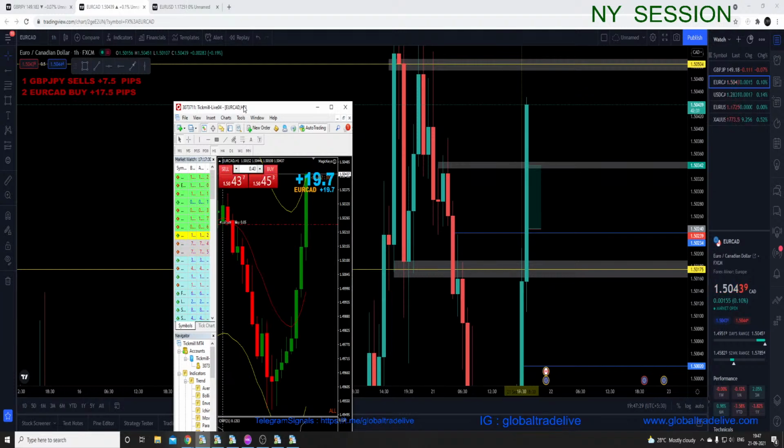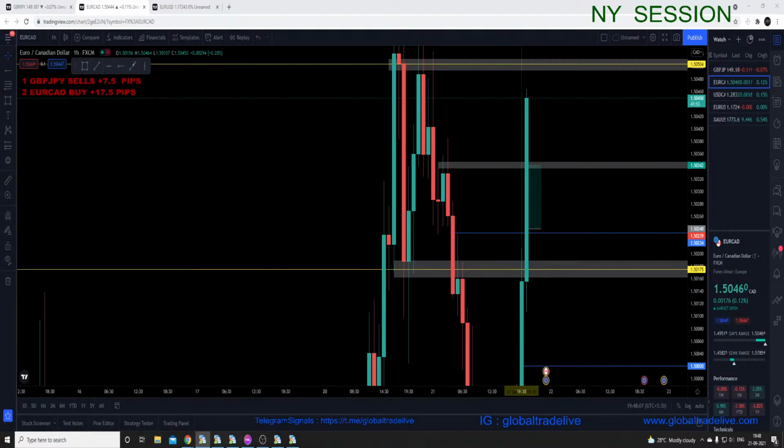This will be going all the way up once it starts to break the highs. 22 pips is running right now. It will be going to 1.50504, that's for sure. For sure, 100%. It will be going to that level.